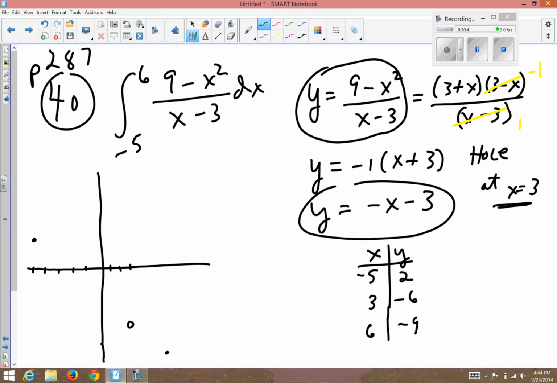So y equals (9 minus x squared) over (x minus 3) is this line, with this little hole in it.